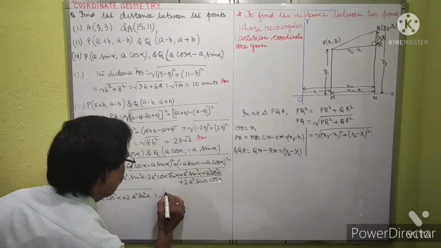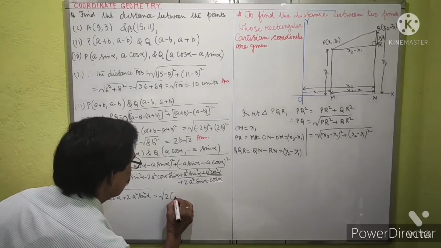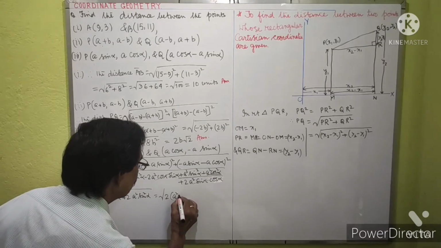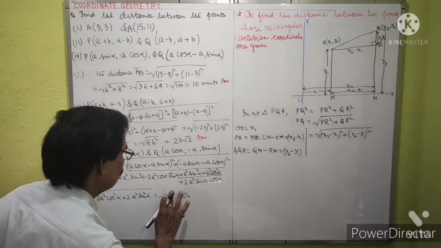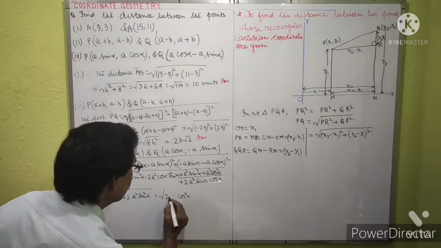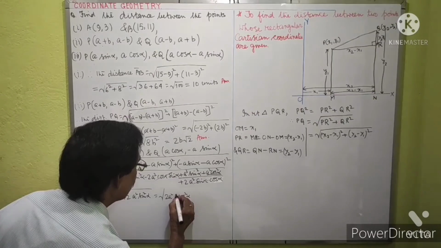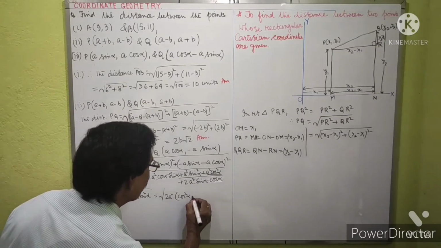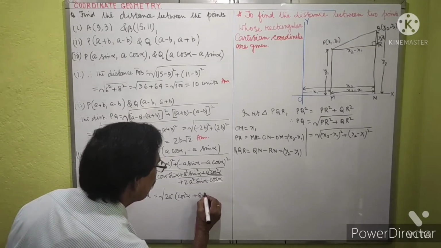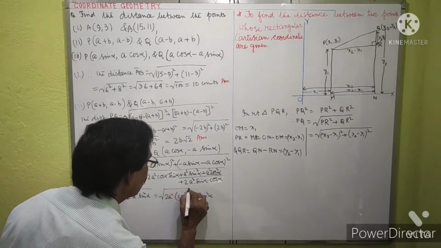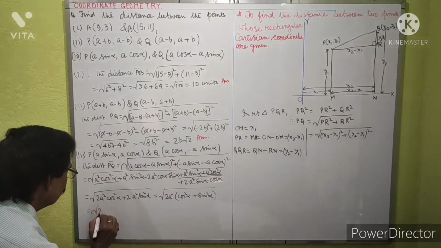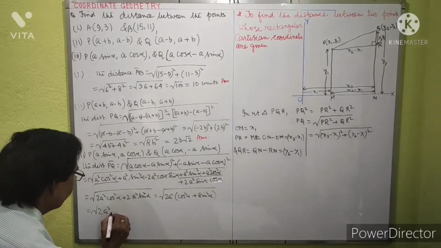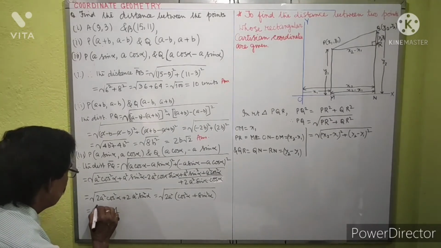We will take common a square: root over of 2 a square (cos square alpha plus sin square alpha) equal to root over 2 a square into 1.